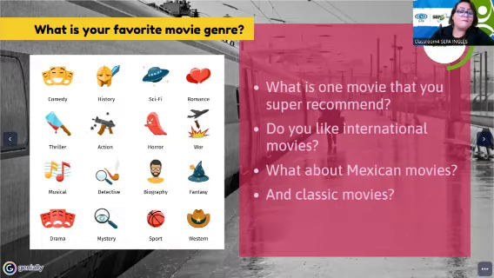I love Mexican movies from the 50s, with Pedro Fernández, Jorge Negrete. I don't know all the movies, but they are Mexican. Antonio Aguilar. I don't know. Maybe you prefer international ones, but I love Mexican movies. Okay, go ahead.